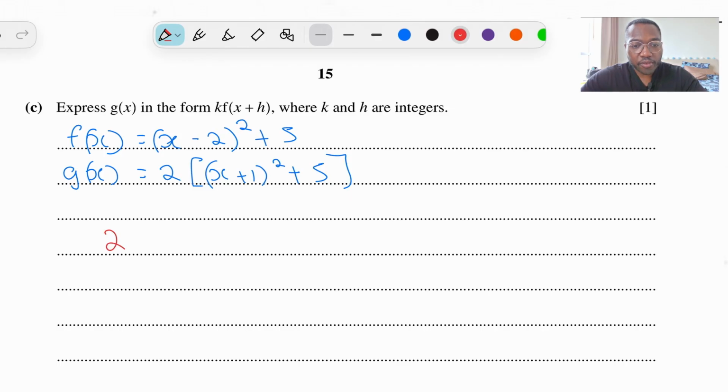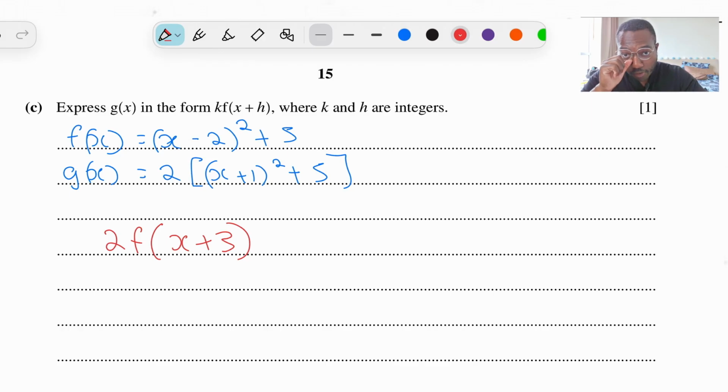If you think about this as a translation, in this case it'll be x plus 3, because x plus 3 signals that we've shifted to the left. So therefore, we know that it will just be 2 of f and then x plus 3.